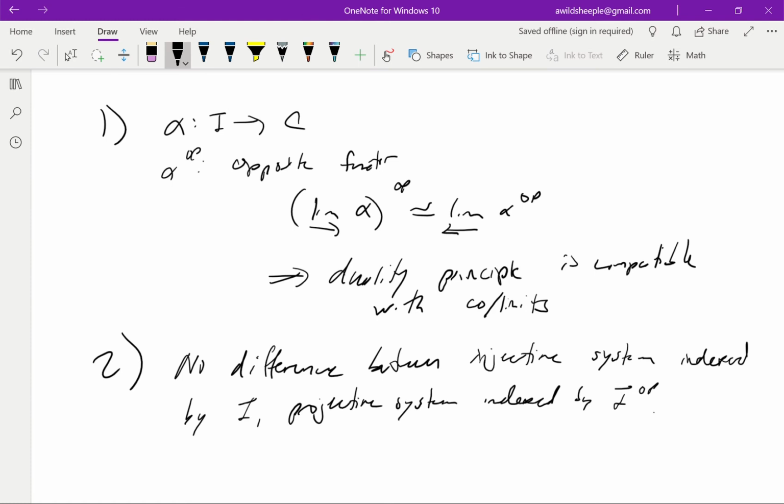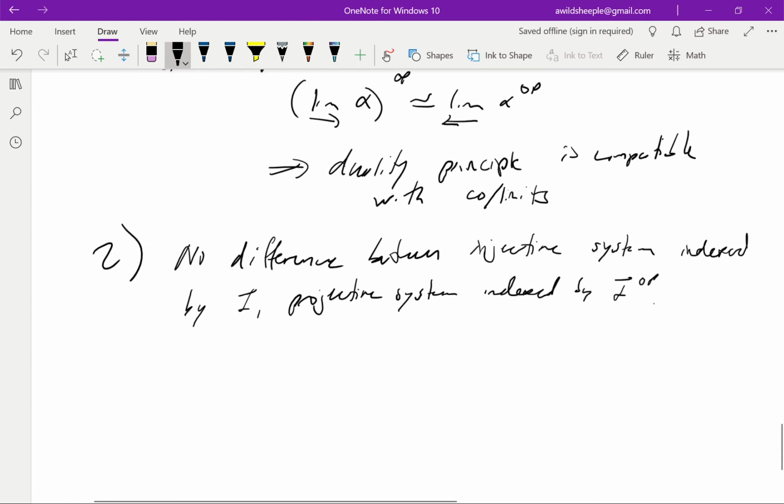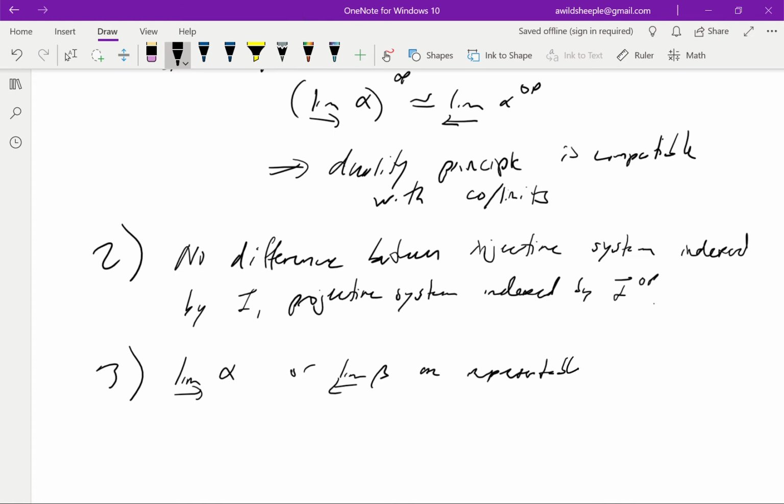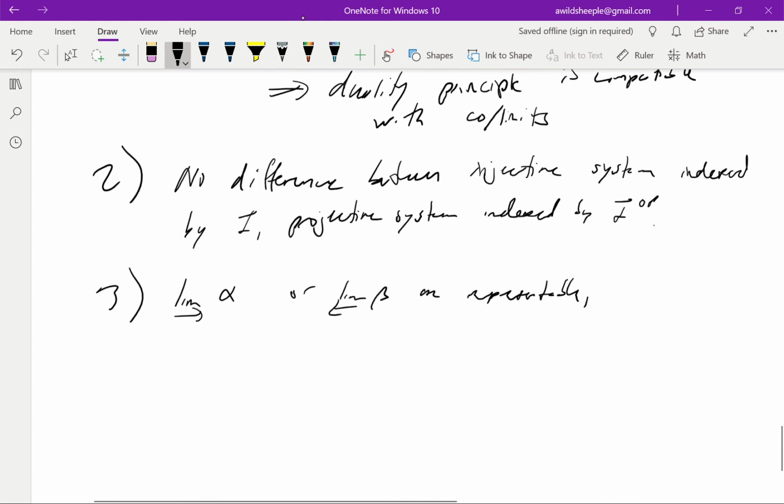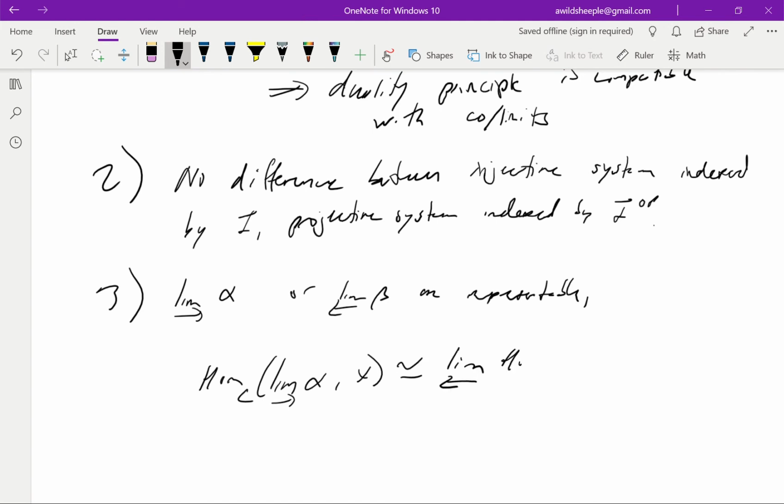Okay, and finally, we have a nice compatibility, which is that when these guys are representable, then we have Hom in C of an injective limit is the same as a projective limit of Homs.